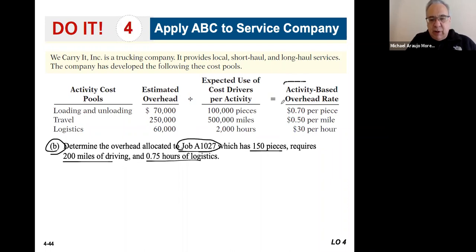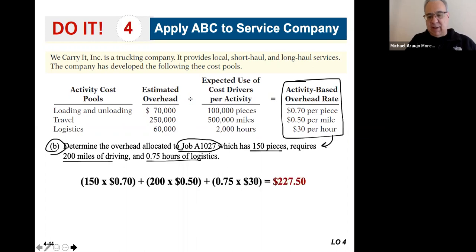Well, this is where your analysis from the previous part comes in. So you have 150 pieces at 70 cents a piece, 200 miles at 50 cents a mile, and 3/4 of an hour at 30 bucks an hour. So the total amount of overhead for this job using ABC is $227.50.